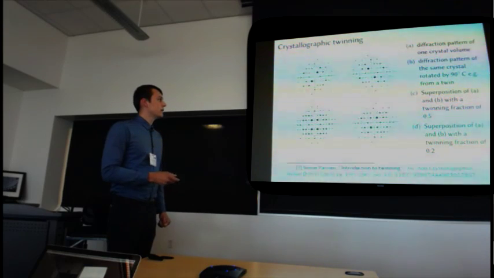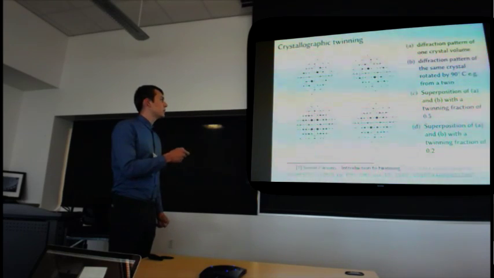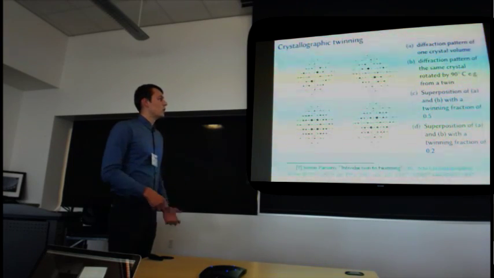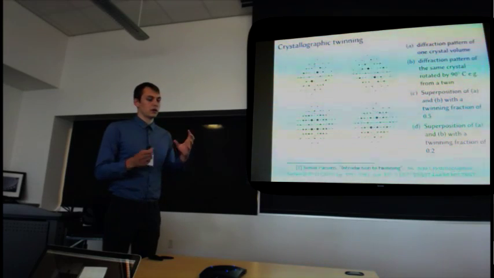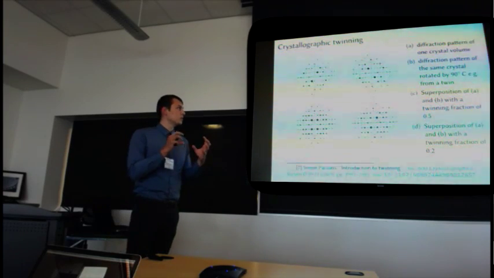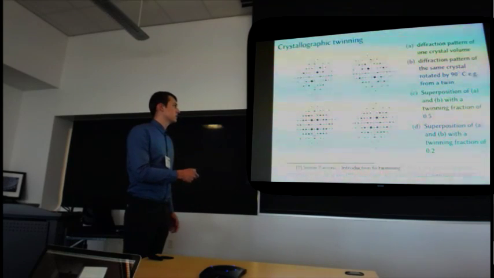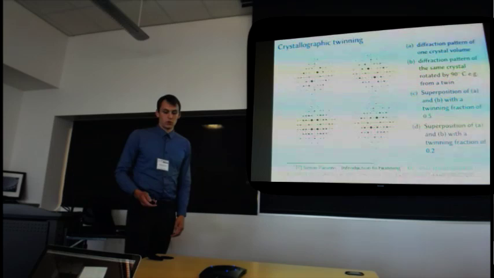If we then add both together, we get something like this. If they have a different fraction or different contribution, we get something like this. Or if we have two crystals sticking together, we also get something like this or this: this if they have equal volumes, and this if they have different volumes.